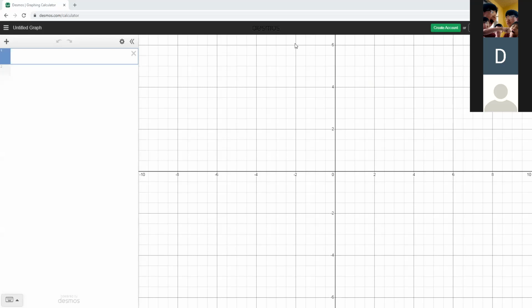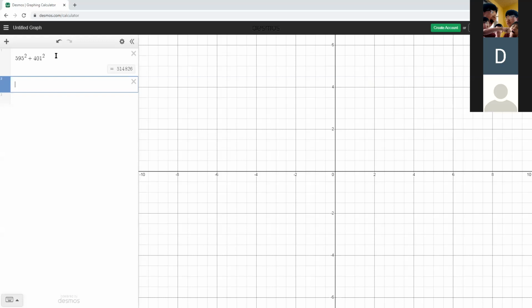All right, guys, can you see my Desmos screen now? Yes or no? All right, cool. So I'm going to be doing 595 squared plus 401 squared. Hopefully you already did this in your calculator.